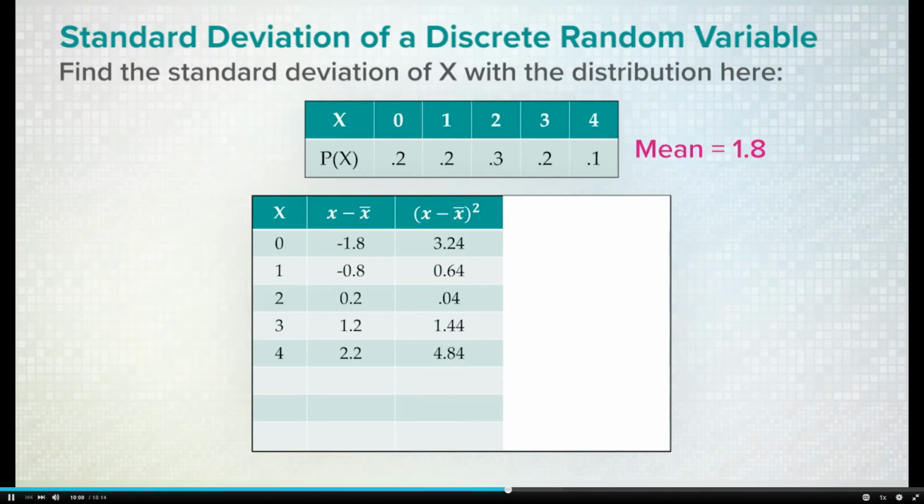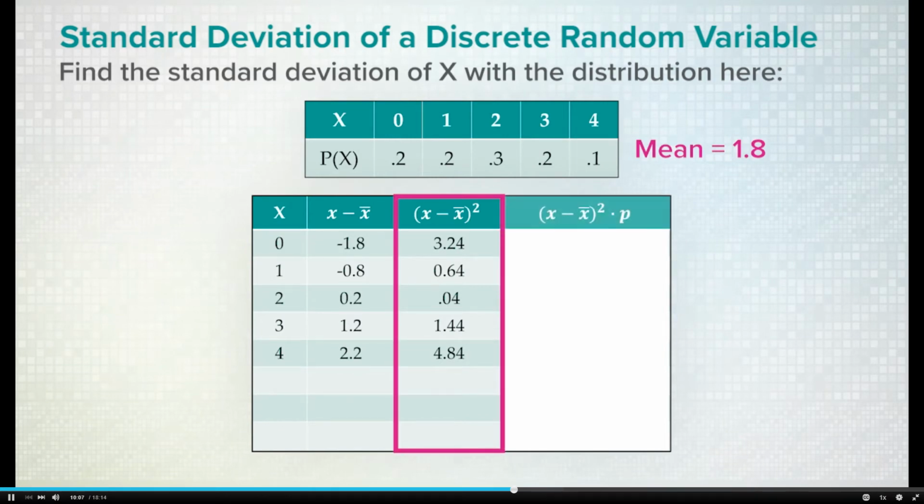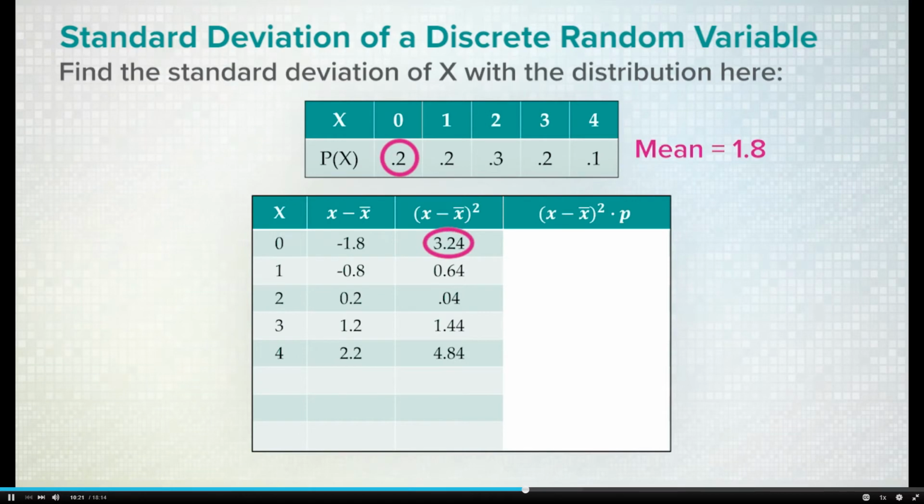So what I have to do now is take each one of my values in my x minus x bar squared column and multiply by the associated probability. For example, for x equals 0, the probability that goes along with that is 0.2. So I'll take 3.24 times 0.2, and that gives me 0.648.